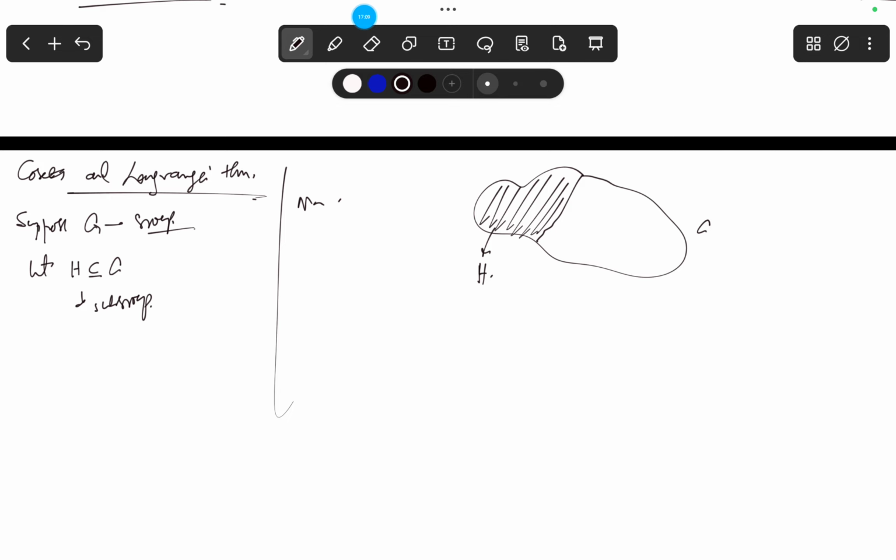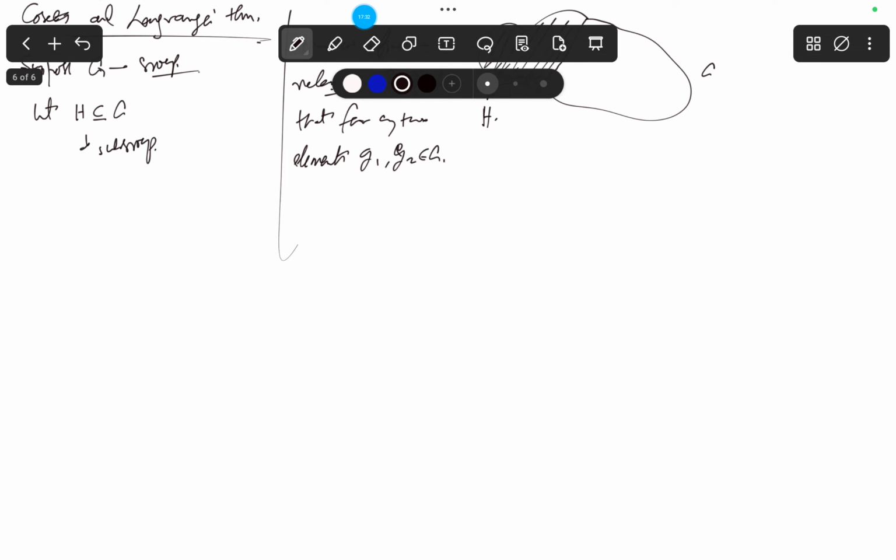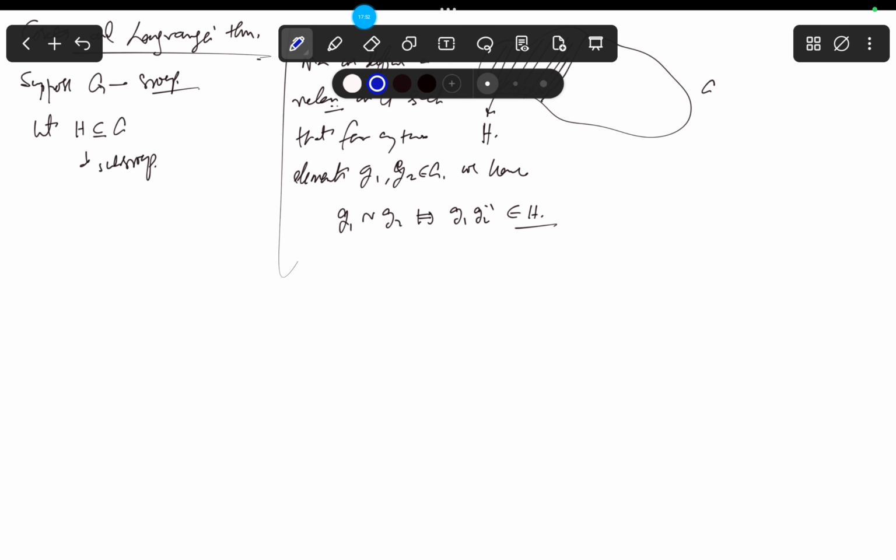Now we define a relation on G such that for any two elements G1 and G2 in capital G, G1 is related to G2 if and only if G1 G2 inverse is in H. Now you can easily check that this relation is an equivalence relation.